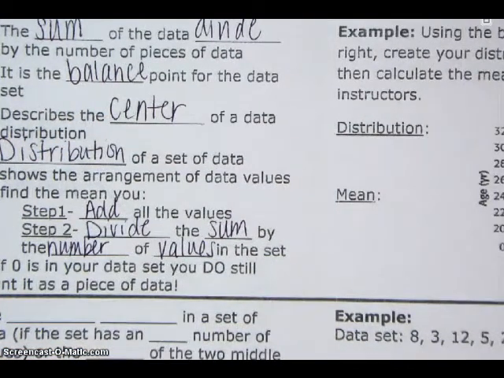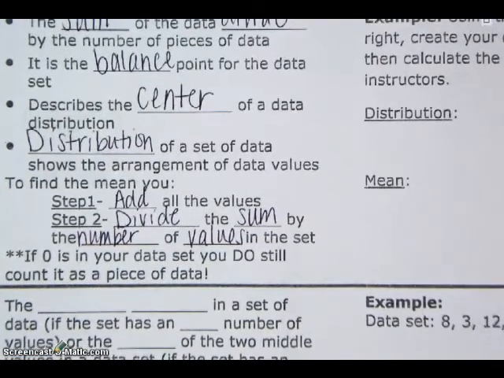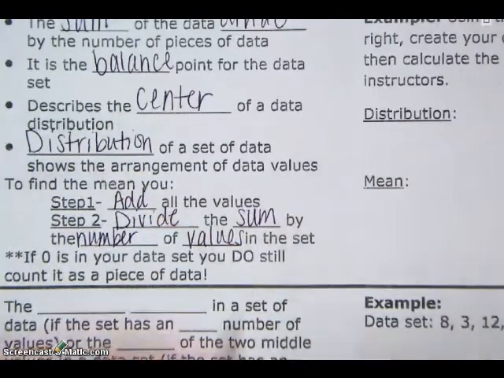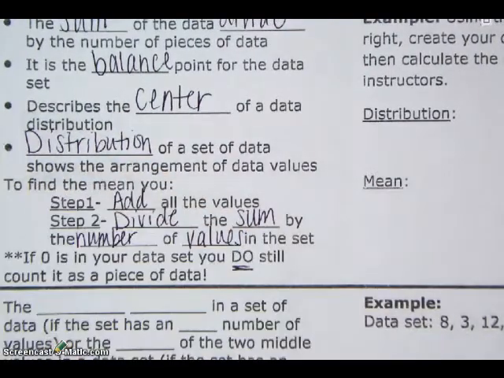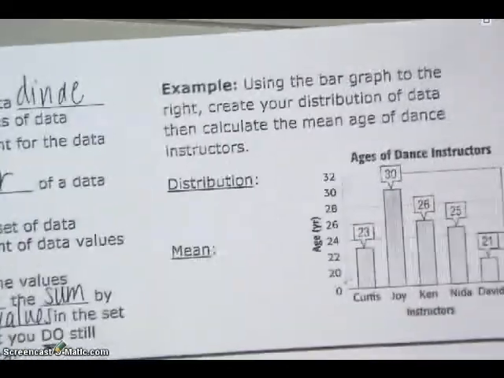So again, we're going to add up all of our data numbers, and then we're going to divide that total by how many values we had. Now keep in mind that if 0 is one of the values in your data set, you do still always count that in terms of your number of values. Just because 0 technically means nothing, you still want to collect that or show that as a piece of your data.